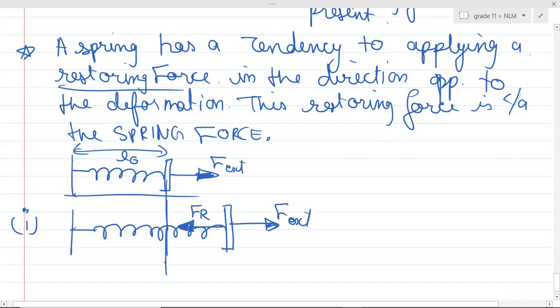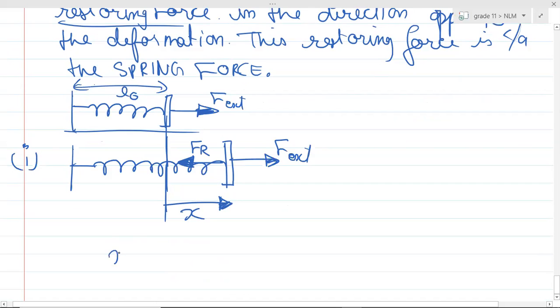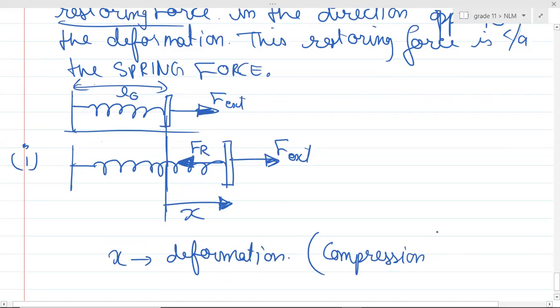You deformed it towards the right. Let's say the deformation was x. Here, x is basically the deformation. It can be compression or expansion. Depends upon whatever be the case. So you can expand the spring or you can compress the spring, right?